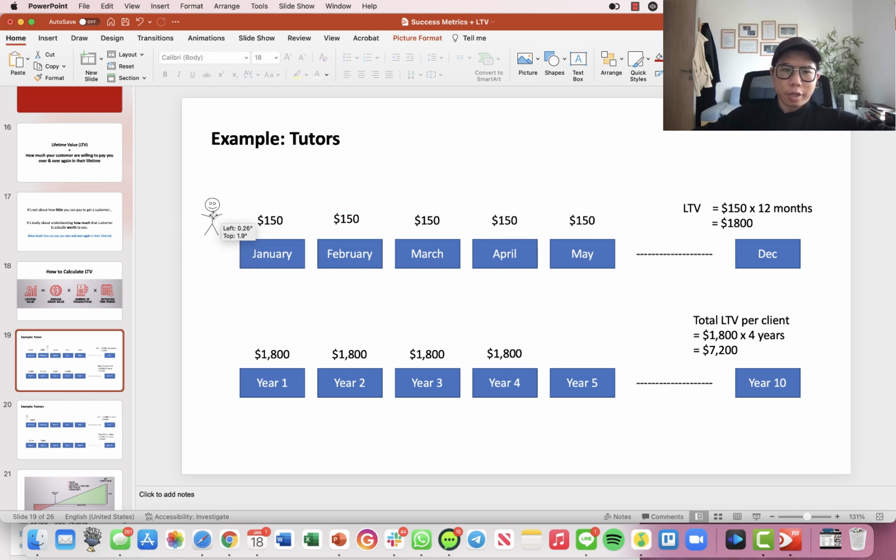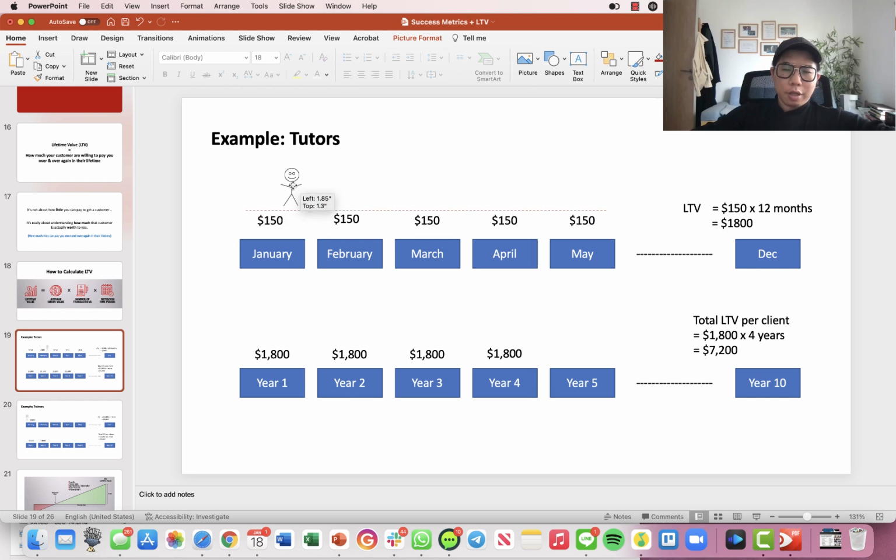Let's say for example you take an average of 10 people, or 50 people, 100 people, then you calculate how much you receive. Let's say in a year you receive 50,000 or 100,000, and you have 1,000 students.